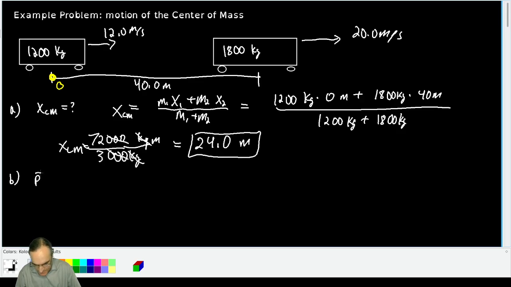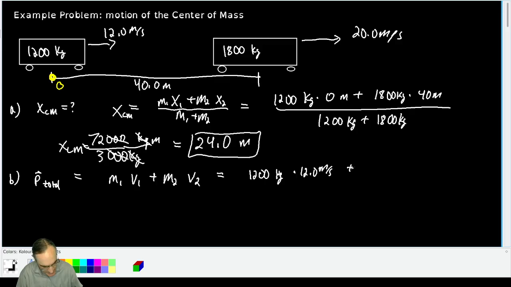B is find the total momentum. Well, that's really easy. That's just m1v1 plus m2v2. So we have 1,200 kilograms times 12.0 meters per second plus 1,800 kilograms times 20.0 meters per second. Let's see, 12 times 12 is 144. This gets 2 zeros after it.